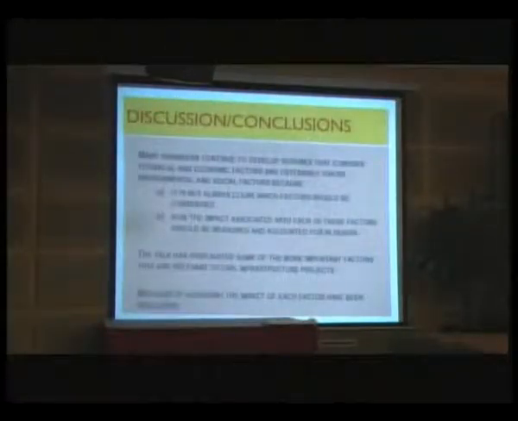So just to summarize and conclude, many engineers continue to develop schemes that consider technical and economic factors and ostensibly ignore environmental and social factors, because A, it's not clear which factors should be considered, and B, how the impacts associated with each of these factors should be measured and accounted for in design.